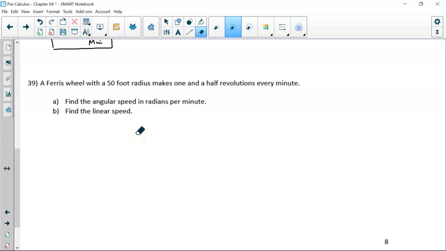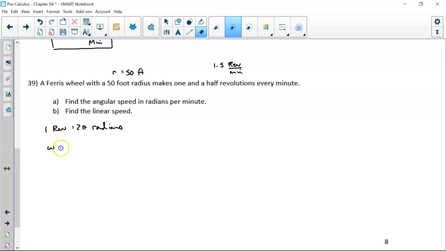A Ferris wheel with a 50-foot radius, so the radius is 50 feet, 1.5 revolutions per minute. So we need to find the angular speed. Now, 1 revolution is 2 pi radians. We don't have 1 revolution per minute. We have 1.5 revolutions per minute.